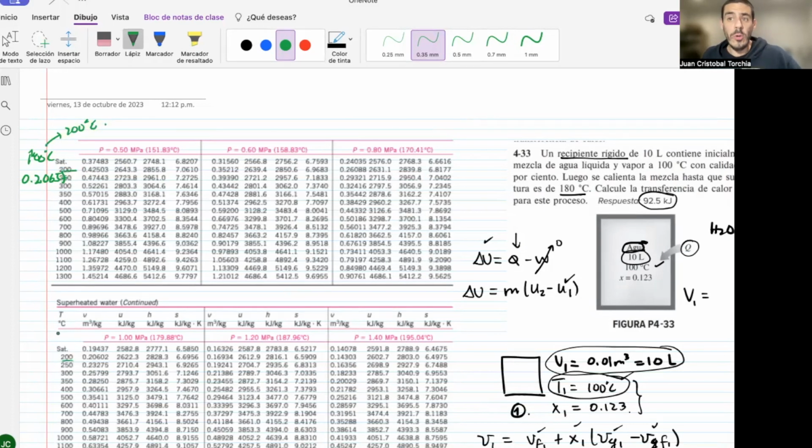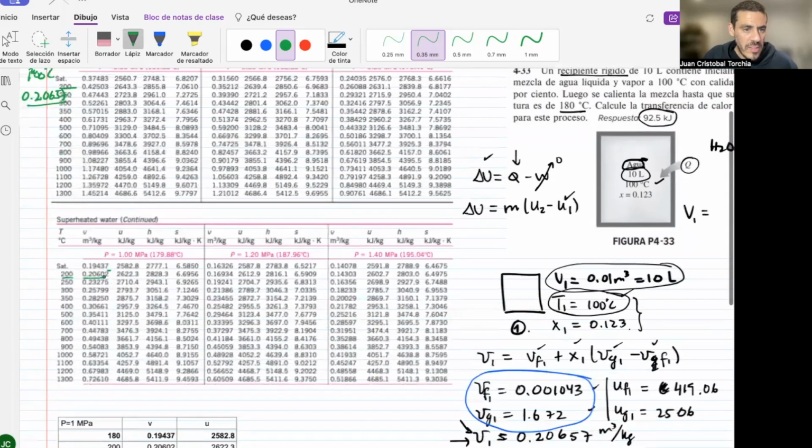Okay, so in those 200, which is my best guess after 180 degrees Celsius, I would try to look for 0.2065. And to do this short, maybe you can see that at 1 megapascal, I have 2 values that are really close together. This one is not 180 degrees Celsius, but at least the closest one.